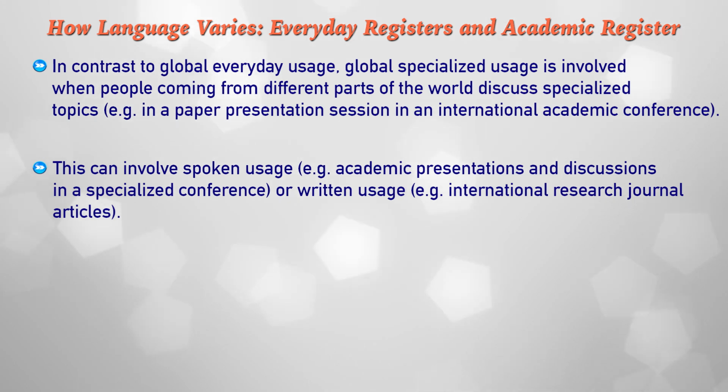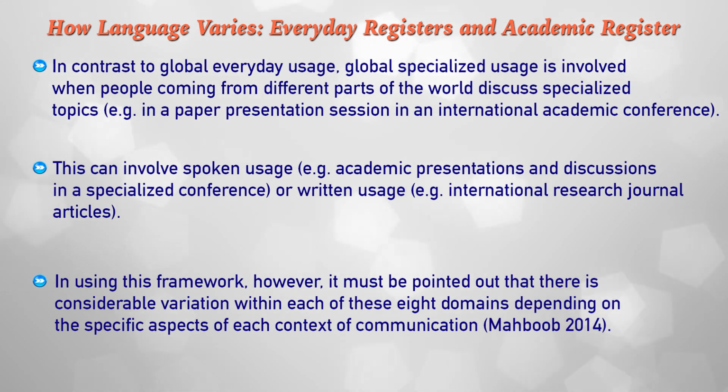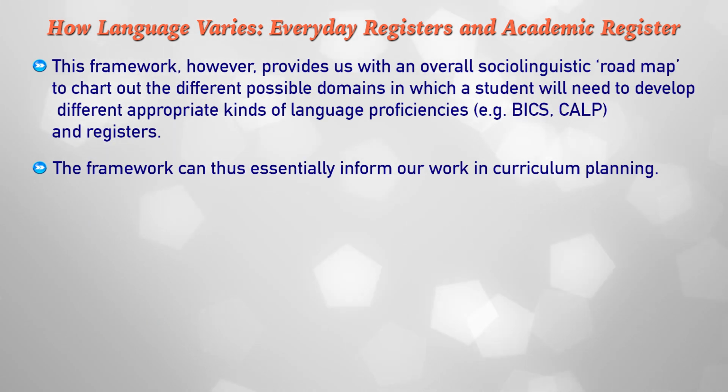In using this framework, however, it must be pointed out that there is a considerable variation within each of these 8 domains depending on the specific aspects of each context of communication. This framework, however, provides us with an overall sociolinguistic roadmap to chart out the different possible domains in which a student will need to develop different appropriate kinds of language proficiencies and registers.